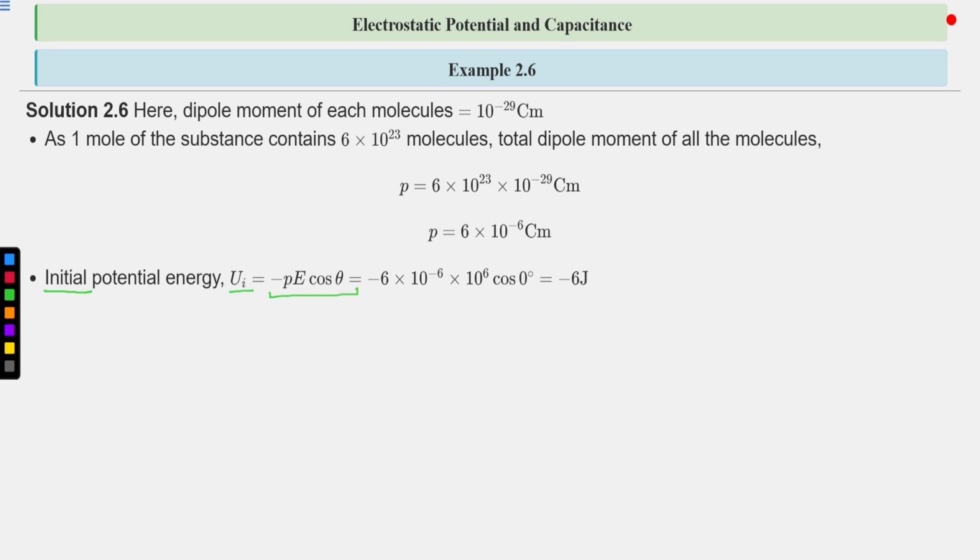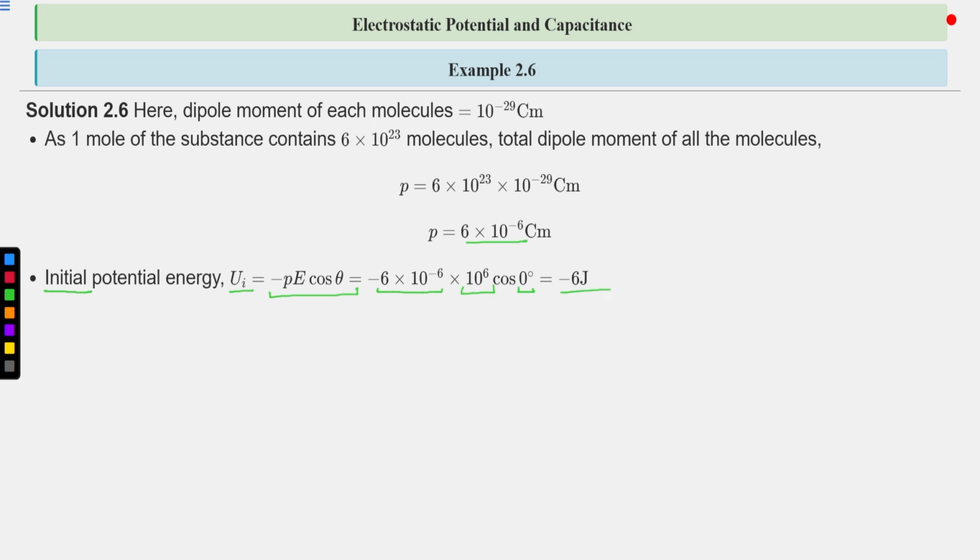So P is 6 into 10 raised to the power minus 6, and the electric field is 10 raised to the power 6 volt per meter. Since they are aligned in the direction of the electric field initially, the angle between them is 0 degrees. So the initial potential energy is minus 6 joule.